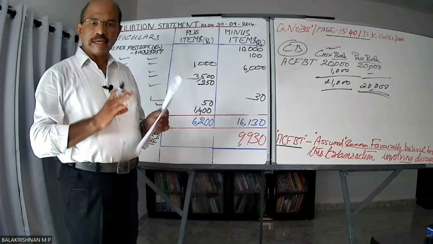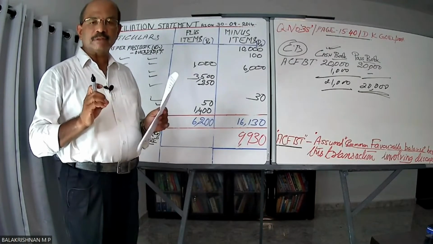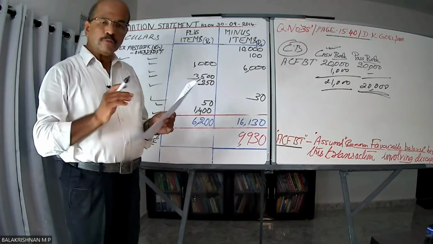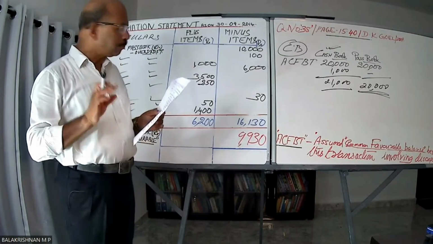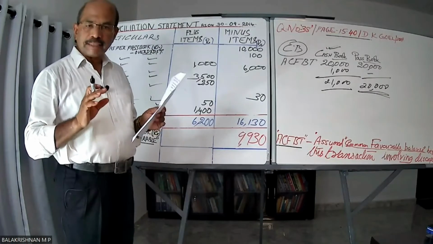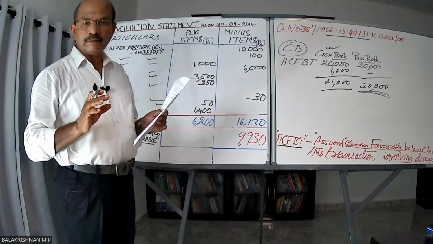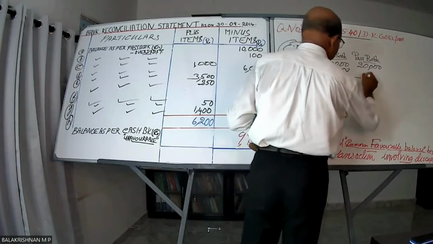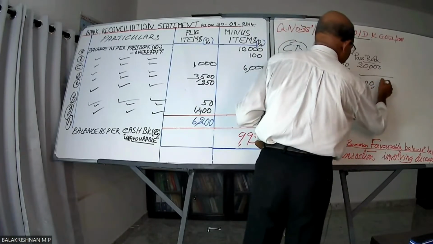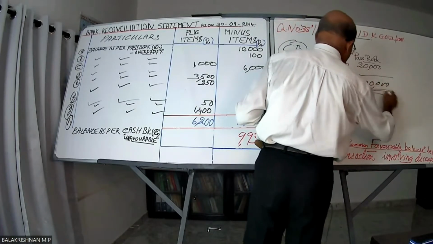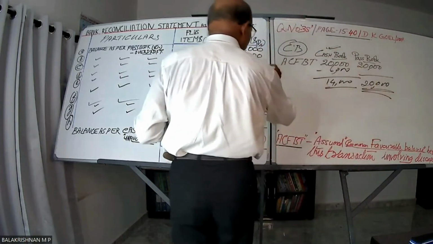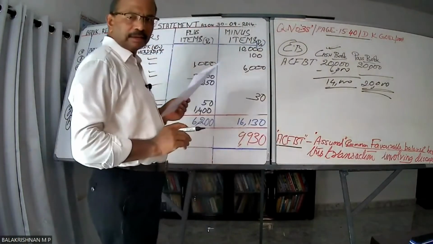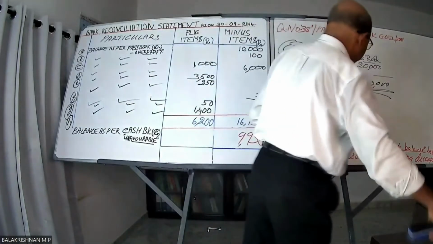So it can be reframed like that: checks issued to the extent of 6,000 have not been presented in the bank. That's all. My cash book balance has come to 14,000. Here, since the banker has not seen the check, it remains 20,000, so a decreasing effect to the extent of 6,000. Clear? Right. Next.